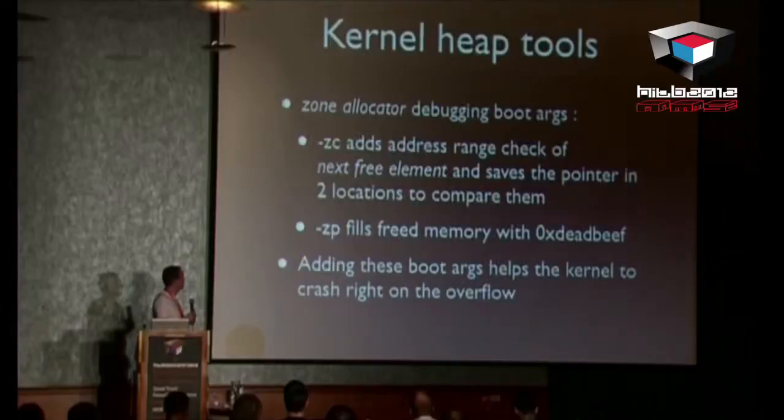Also, we have the -zp boot argument that will just fill the whole freed memory with dead bits, which is interesting. So, adding these boot args helps the kernel to crash right on the overflow and not at a random position. So this is kind of cool, I say.